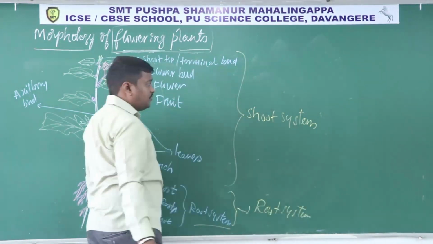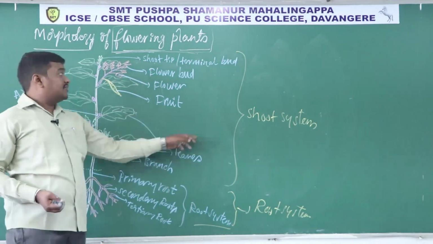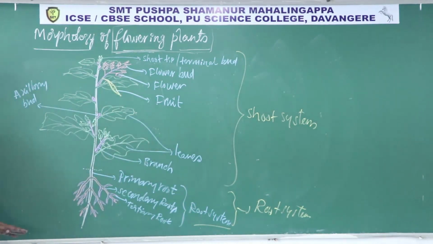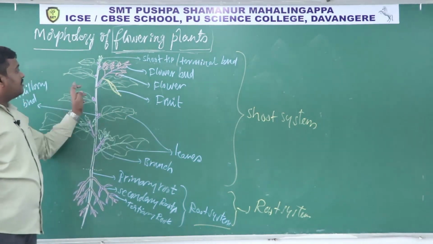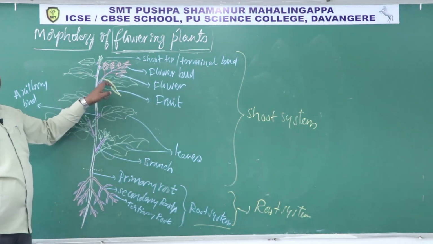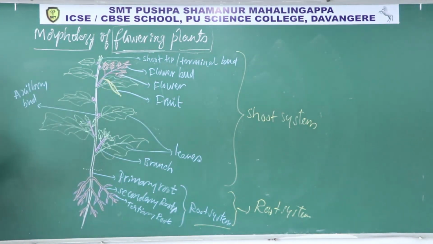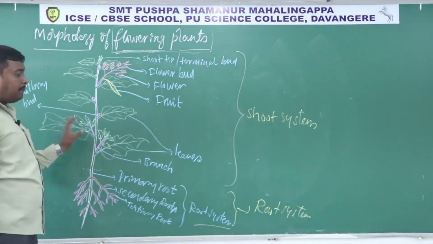The first thing we notice when we look at a plant is only that shoot system. That shoot system consists of different parts like stem, leaves, flowers, flower buds, then fruits, and of course inside they have seeds. Okay. So this is the basic feature of any plant.